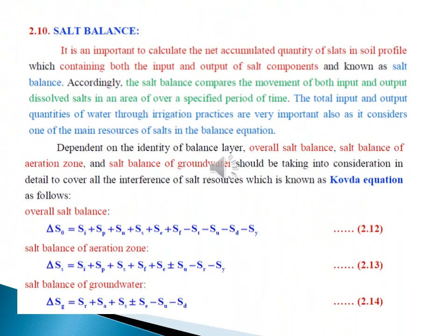Salt balance is the difference between input and output salt components in soil from different sources. Hence, the overall salt balance of the irrigation zone and the salt balance to groundwater should be taken into consideration, as clear in the equation in front of you, my dear.